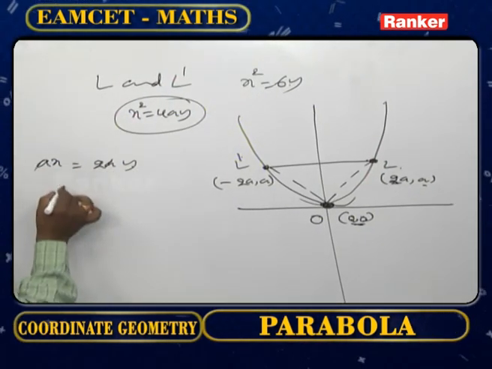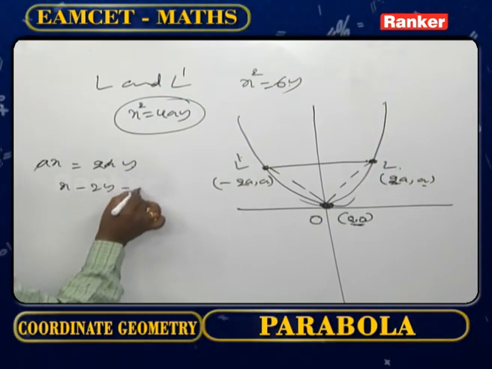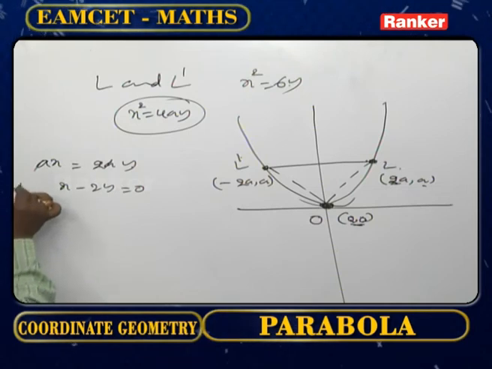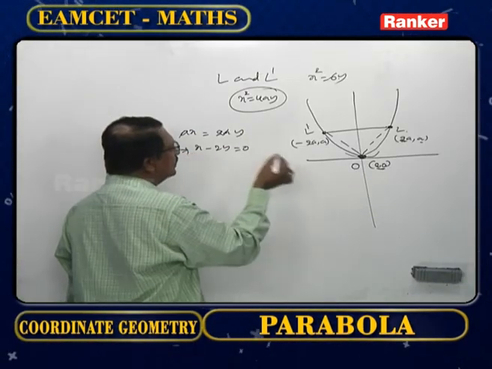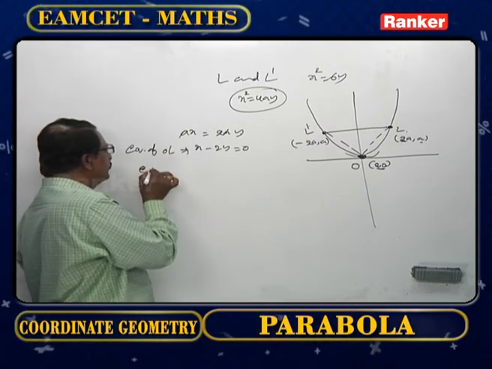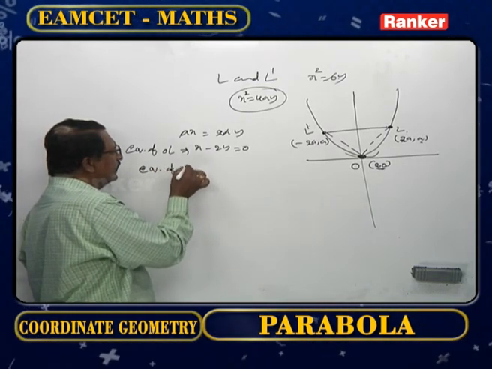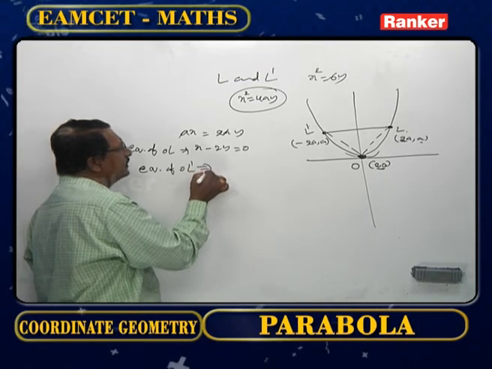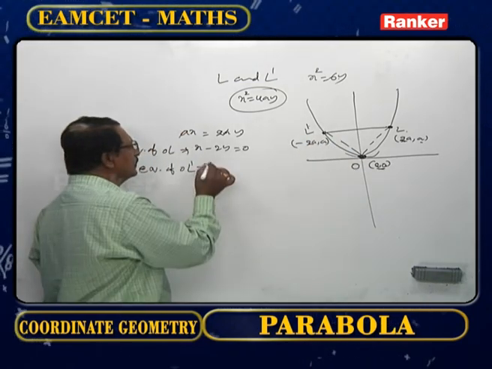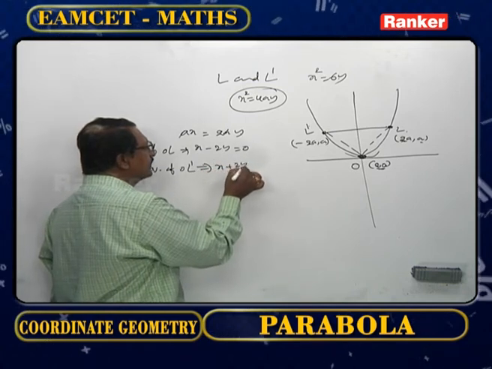Now a cancels, x minus 2y equals 0. It is the equation of OL. Similarly, the equation of OL dash, passing through (0, 0) and (minus 2a, a), we get x plus 2y equals 0.